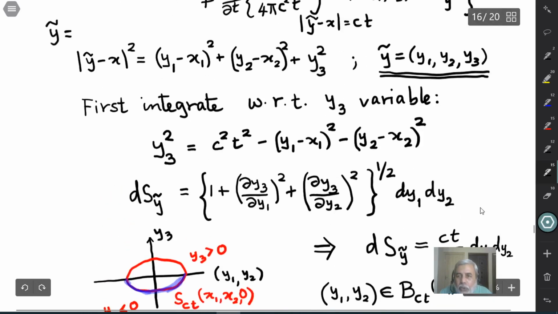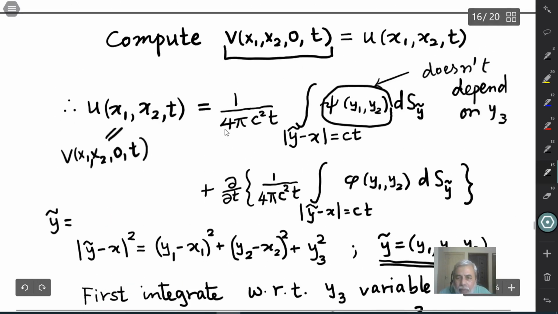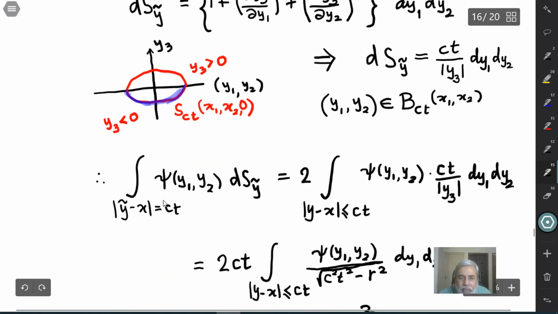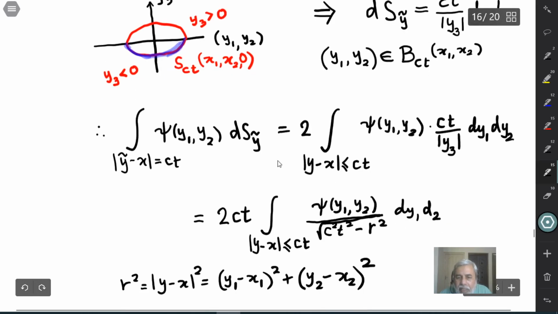So this surface integral, forget about this constant for the time being, is nothing but twice, as I said. There is one upper hemisphere, y3 positive, and y3 negative. They contribute the same amount, so that's why it's 2 here. And now it's a double integral.